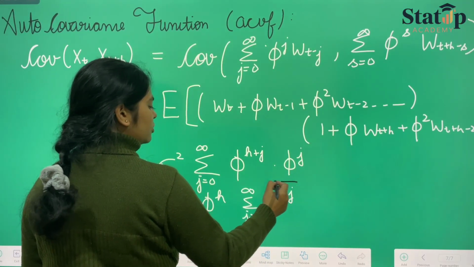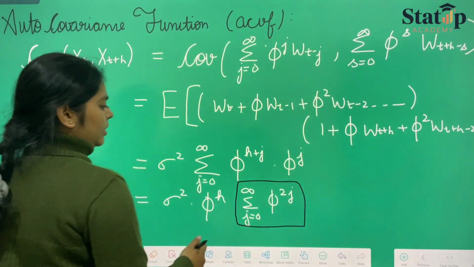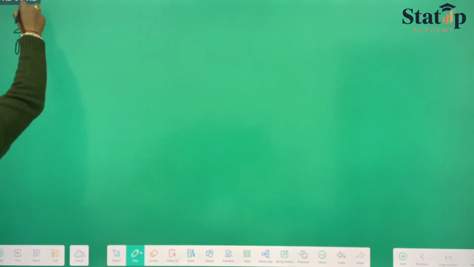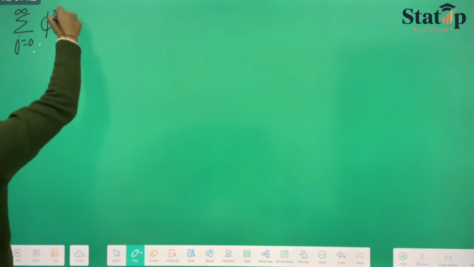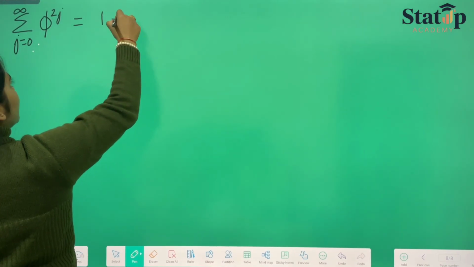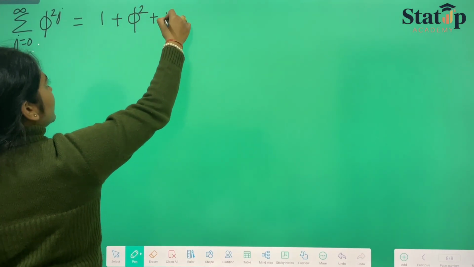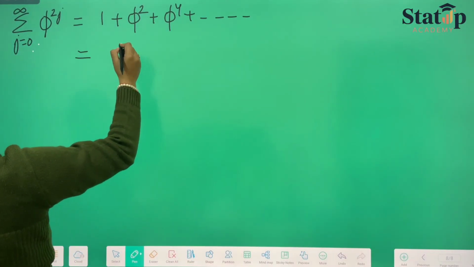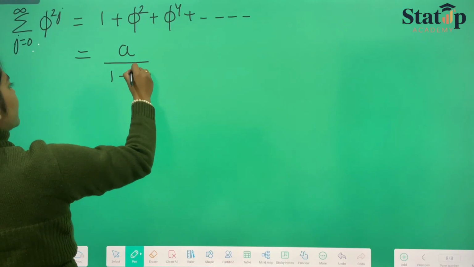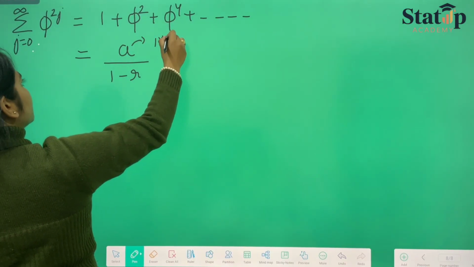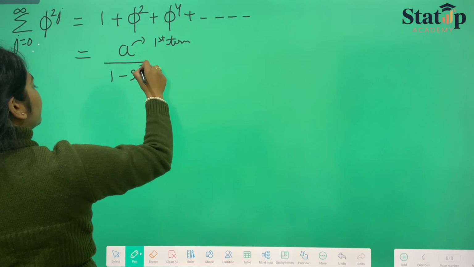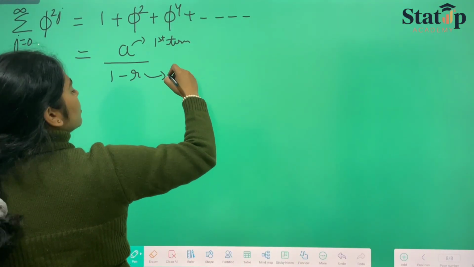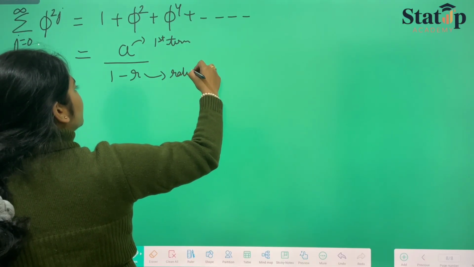Now this is our geometric series, which can be expanded as: the summation over j from 0 to infinity of phi^{2j} can be written as 1 plus phi squared plus phi raised to the power 4 up till infinity. The sum of a geometric series is a upon 1 minus r, where a is the first term and r is the common ratio.